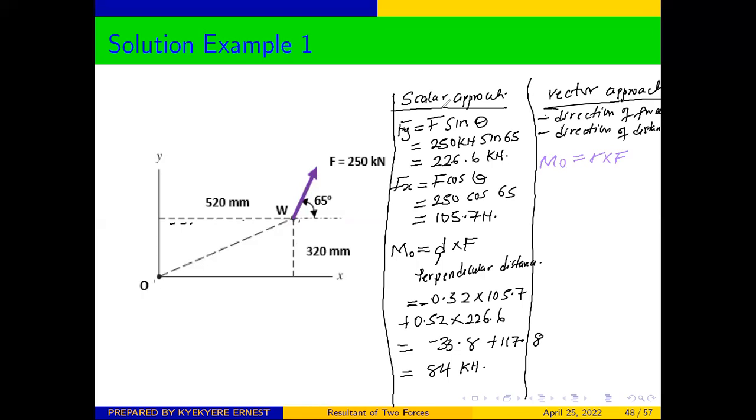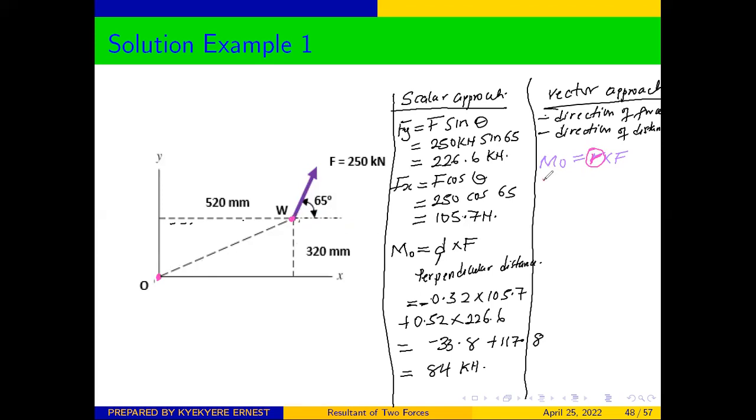So from here, we need to determine this R. This R here is what we call the position vector. We call it the position vector because it indicates the position where the force is applied from where we are taking our moment.